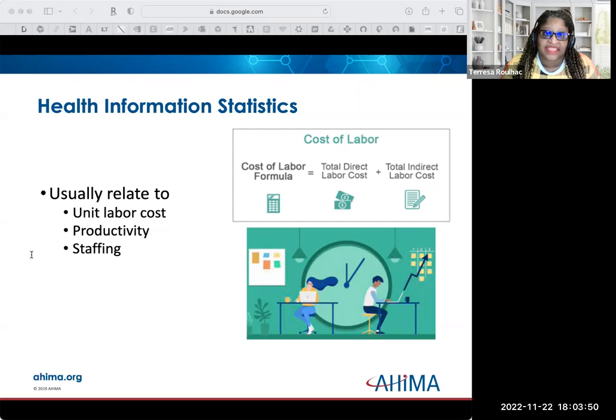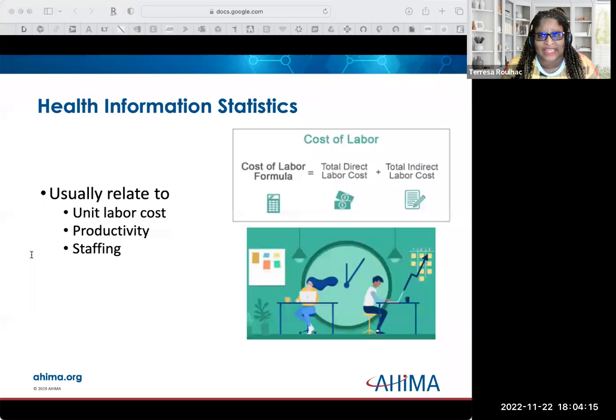And then we multiply that number by the percentage of benefits received. Now, the formula for full-time equivalent or FTE is 2,080 hours times hourly wage equals annual salary times percentage of benefits equals your annual compensation.